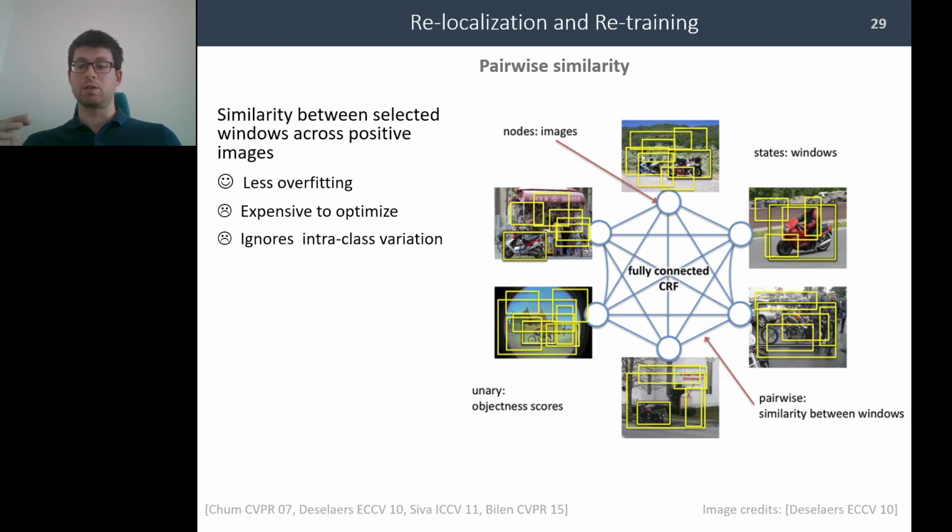We want a high objectness score, but we also want the selected windows to be close to the other selected windows in other positive images. They have shown very good results, with less overfitting in this method. But the cons of this method were that it was a bit expensive to optimize because of the fully connected CRF, and also it ignores the intra-class variations, because some instances may be similar to each other, but some may not be.